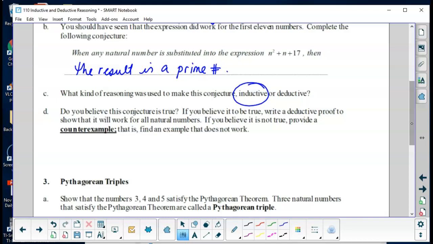There isn't just a nice algebraic expression like that that will give us all prime numbers. So there is an exception. So think about what value of n you could substitute in there to give you a counterexample. That would mean a number that is not a prime number. Okay, so think about that. Pause the video if you need to.